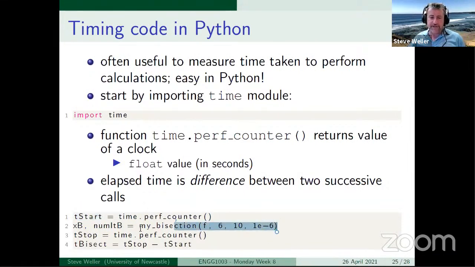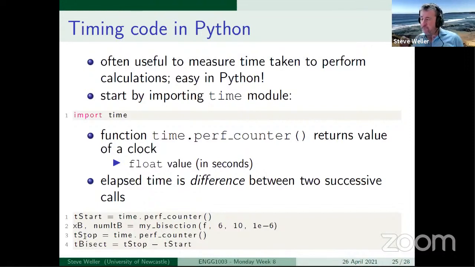Then you do some calculations. In this case, we're going to call the bisection algorithm, or the bisection function, wrapped up in the code that we've seen on the previous slides. The values of xb and numIntB don't matter here for this illustration. And then as soon as we've done that calculation, we call perf counter again and store the stop time in this variable called tstop.